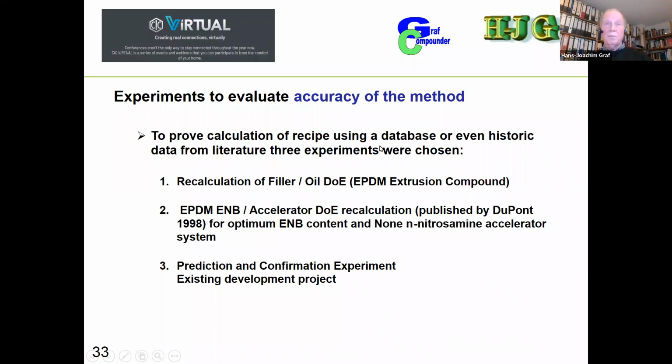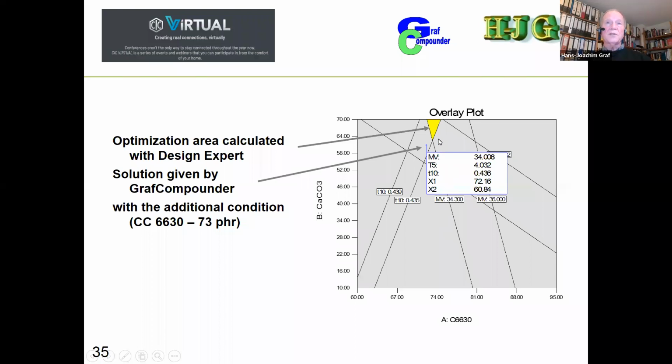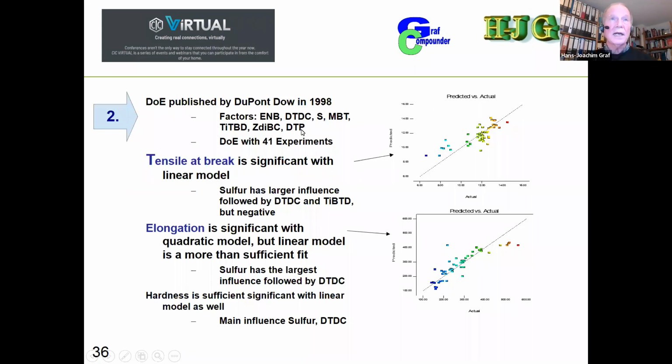So, and now I have the proof. Is that all correct? Let me jump a little bit ahead here and be a little bit shorter. I recalculated a design of experiment. The outcome is, you see here the result in the yellow field of the experimental design. And I see here in a flag position the solution given by such compounding software. Then I have a larger set of data with an experimental design performed in '98 by my friend from DuPont, Roger Vara.